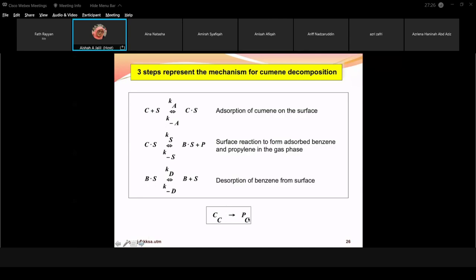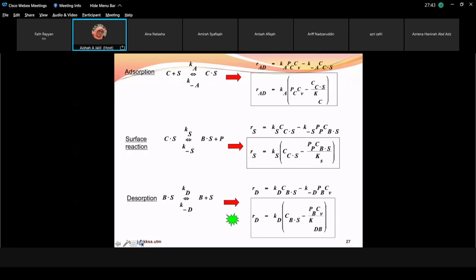So CC becomes PC, where PC is the partial pressure of C. And then this is the rate law for all the steps.